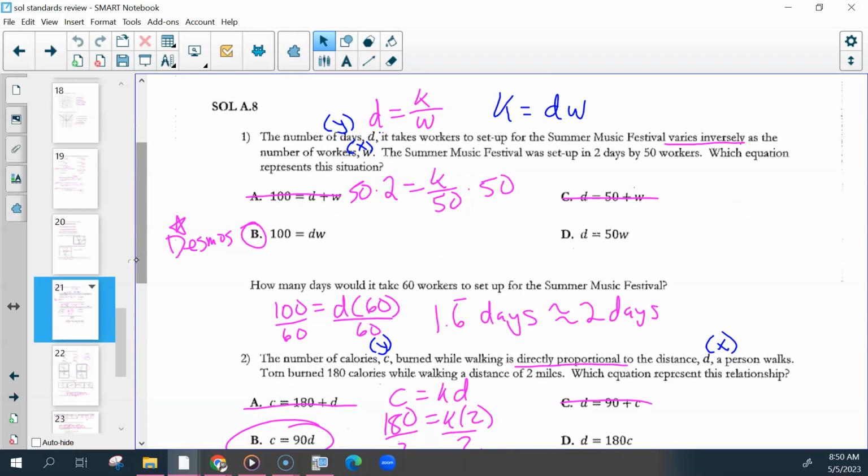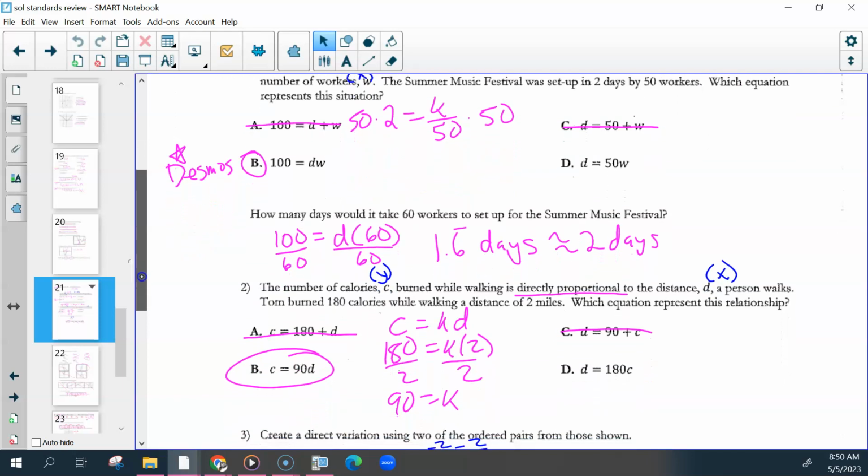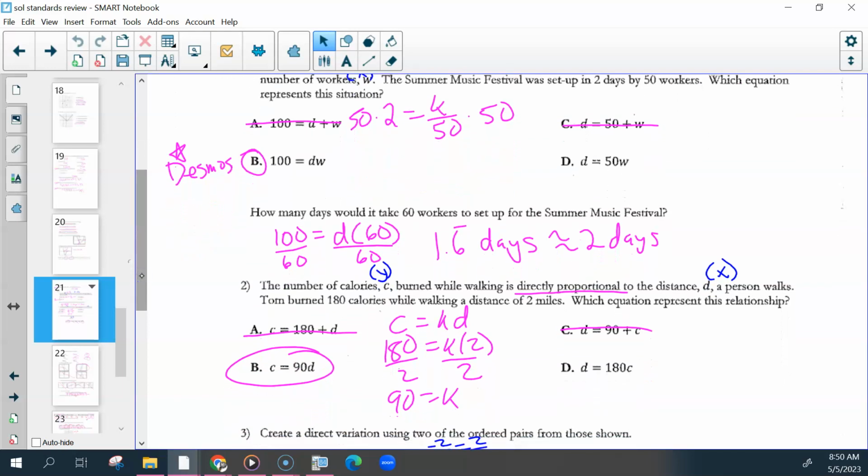The part underneath that, the answer was about 2 days. So I would write in all of this. Two was also B.